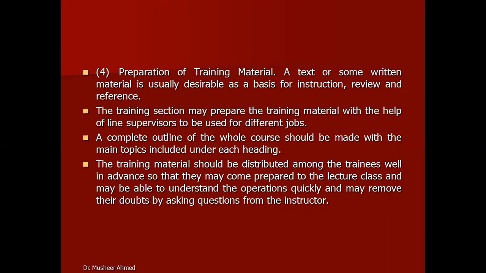It should be prepared with great caution, with great care, and it should be detailed material, so that even after training, if the trainee has some doubt at any point of time, maybe after 4 months, after 1 year down the line, then he should have the proper training material which he can consult and clarify his or her doubt, right? So preparation of the training material, right?